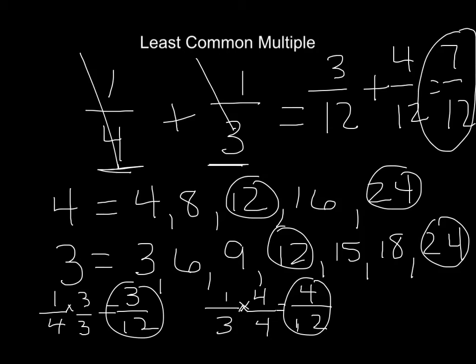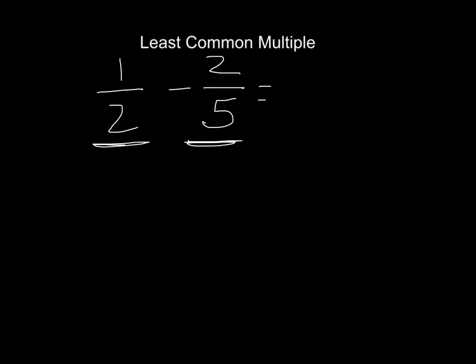Okay, let's do a subtraction problem. It's the same thing for subtraction. Let's do 1/2 minus 2/5. What would my answer be? I need to know that my denominators do not match up, so I have to find a common multiple.